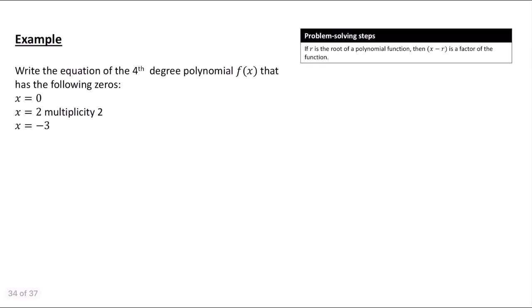So let's try writing the equation of the fourth degree polynomial f of x that has the following zeros. It has these 3 zeros given to us, but notice that one of the zeros has a multiplicity. We have x equals 0, so that's going to be the factor x minus 0. x equals 2 is going to be the factor x minus 2, but it has a multiplicity of 2, so I'm going to put an exponent on it. x equals negative 3 is going to be x minus negative 3.